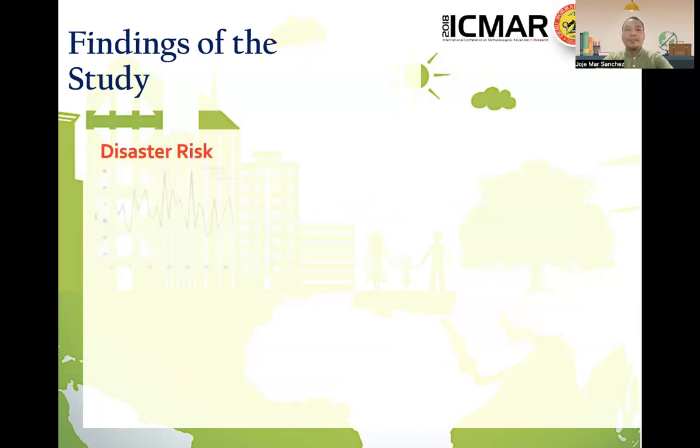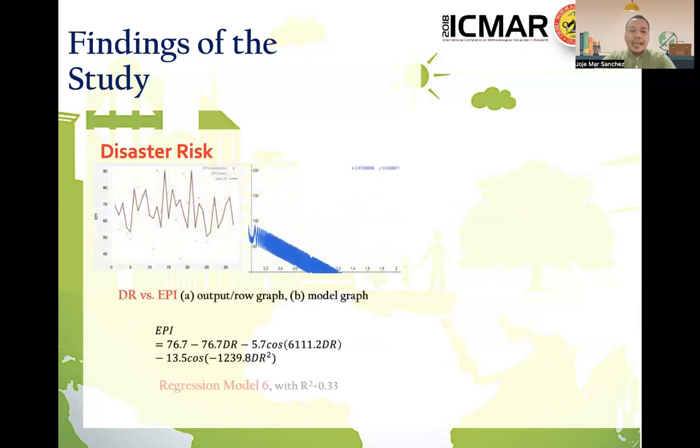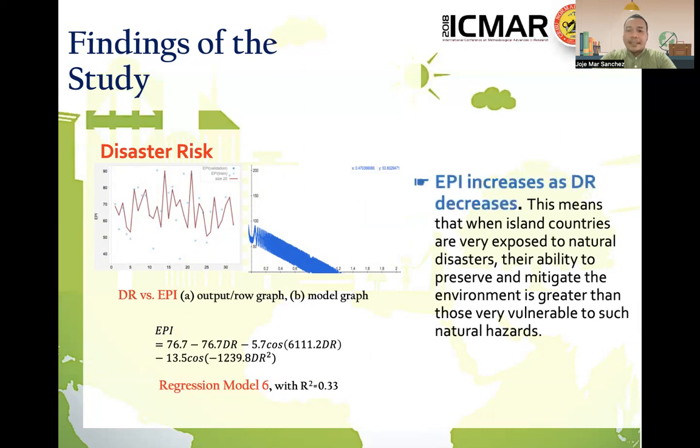And lastly, we have disaster risk. And the regression model has an R squared of 0.33. This means that EPI increases as disaster risk decreases. This means that when island countries are very exposed to natural disasters, their ability to preserve and mitigate the environment is greater than those very vulnerable to such natural hazards.